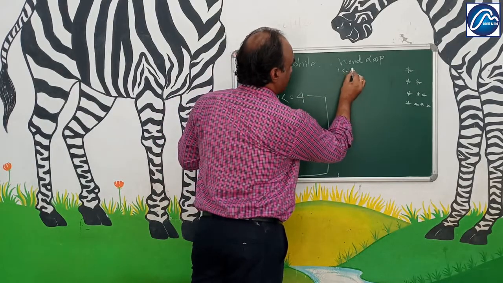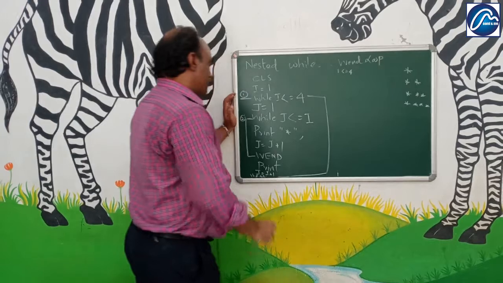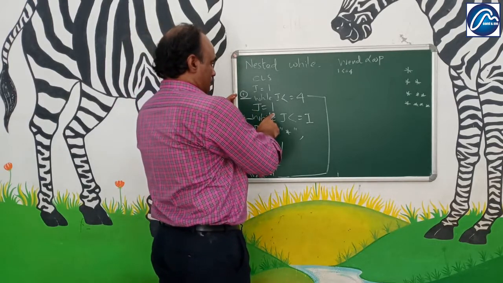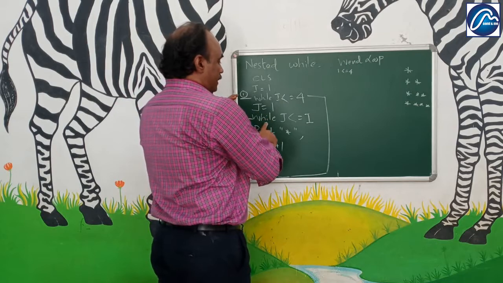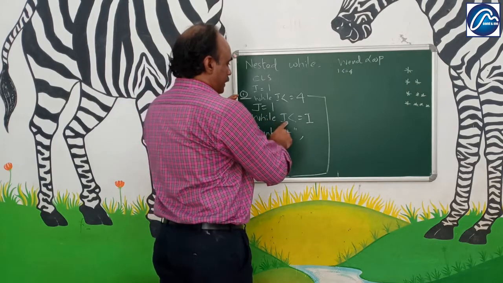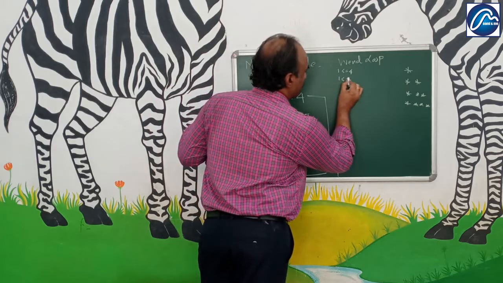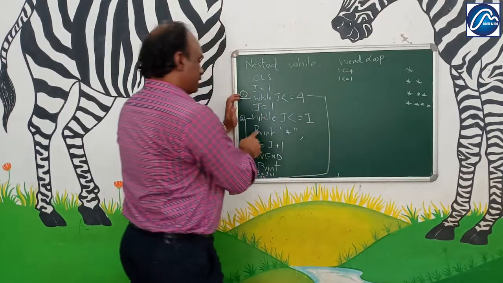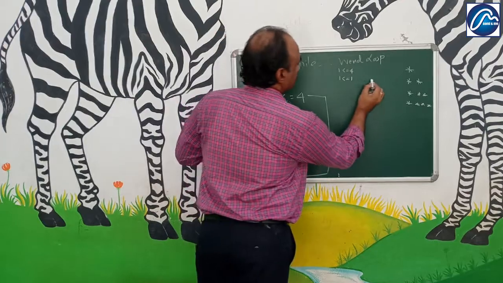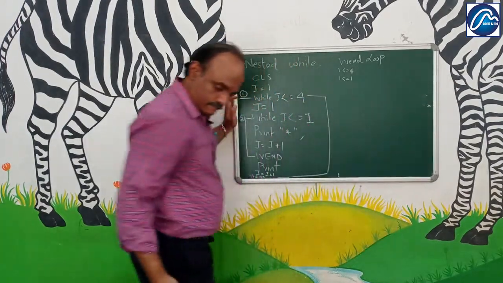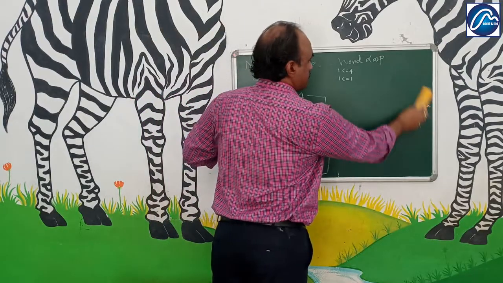Okay, J = 1. So while 1 is less than or equal to 1, what happens? Print, the first asterisk is printed, the first star is printed.